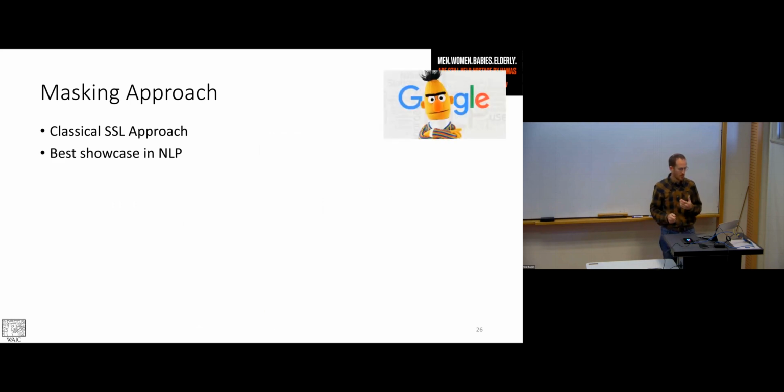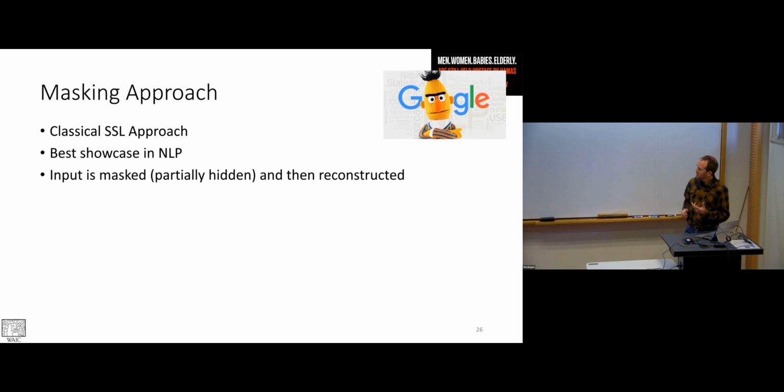Masking was very popular in natural language processing. We learned about transformers in the context of natural language, and they were used extensively with self-supervised learning with masking. The paper that advocated this was called BERT, Bidirectional Encoder Representations from Transformers.